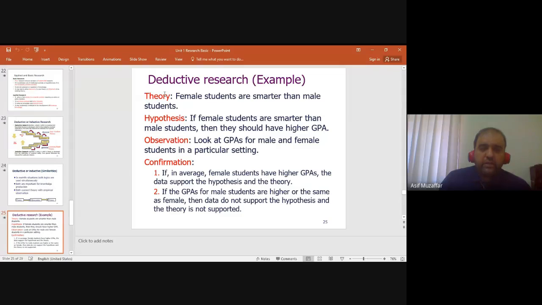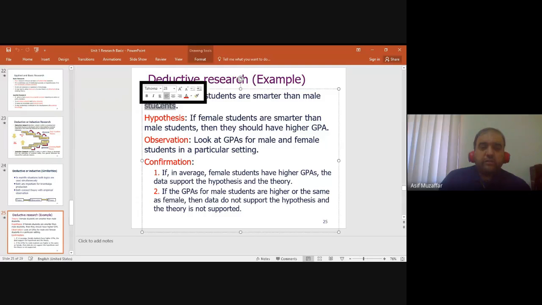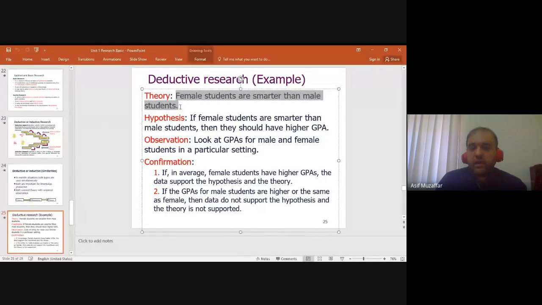So in deductive research, there is a theory given by someone: female students are smarter than male students. Someone gave this statement in his research. Many research papers are here. Based on it, you make a hypothesis. I would say this is descriptive because it is telling you something.